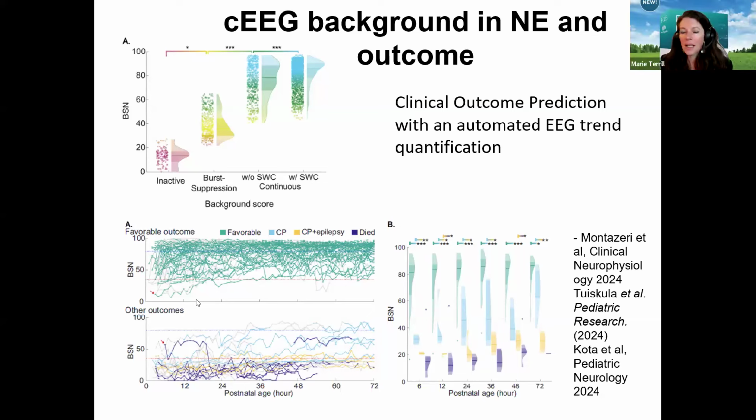Yeah, that's a great point. Any algorithm is only as good as the data that was used to train it. And so to your point, there's a lot of different types of babies that have different baselines going on in their EEG. Preterm is different from term, which is different from the babies in the CICU.